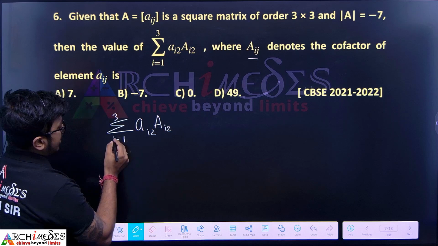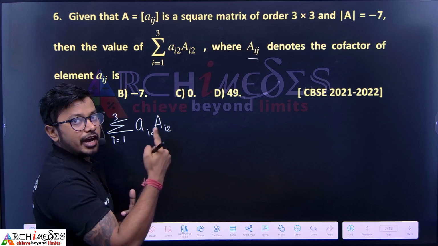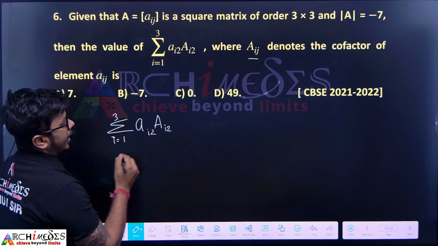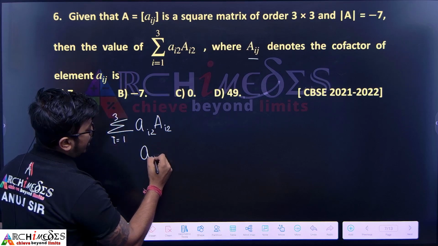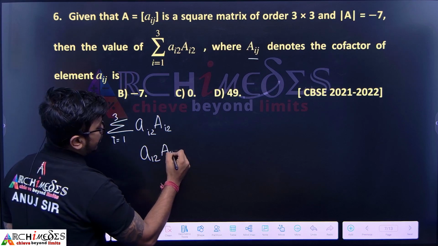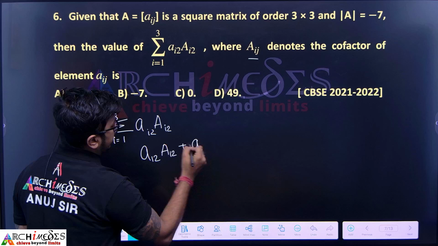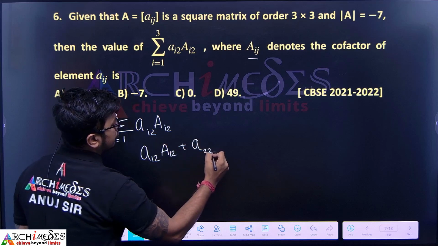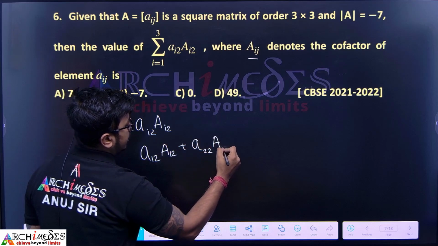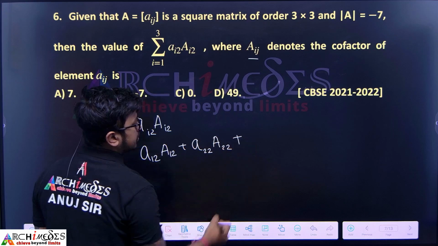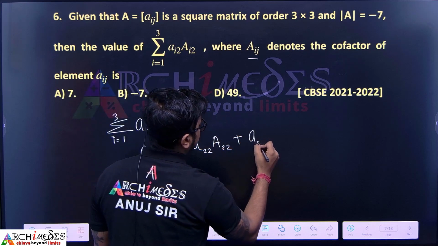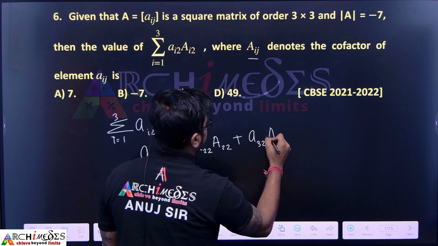Summation means we put the values from 1 to 3 and then add. So you get A12 capital A12 plus, putting i as 2, A22 capital A22 plus A32 capital A32.